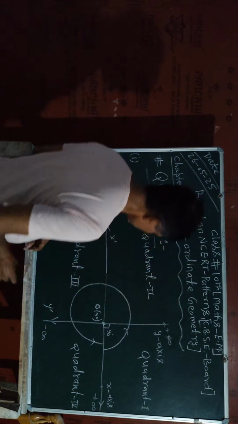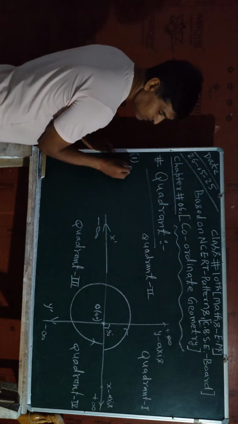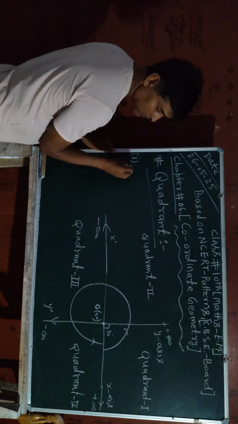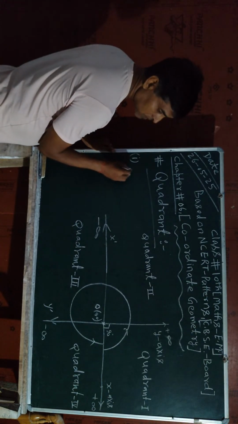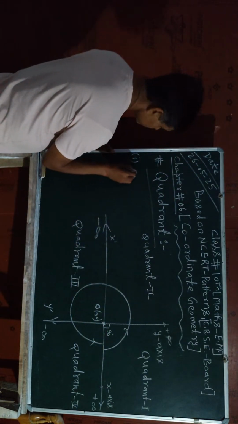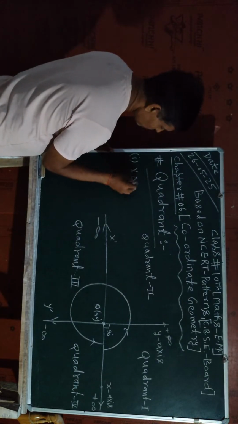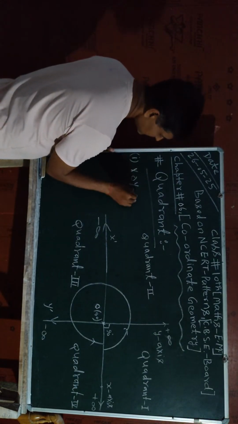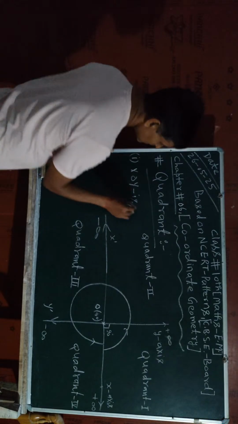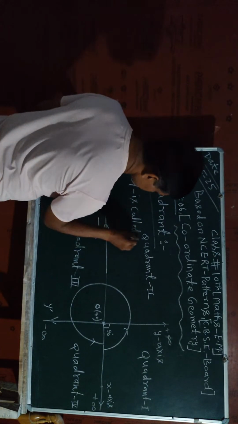Okay, student. So here I have to write the line, I will say arrow, this arrow and this arrow. I will say x o y is called the first quadrant.